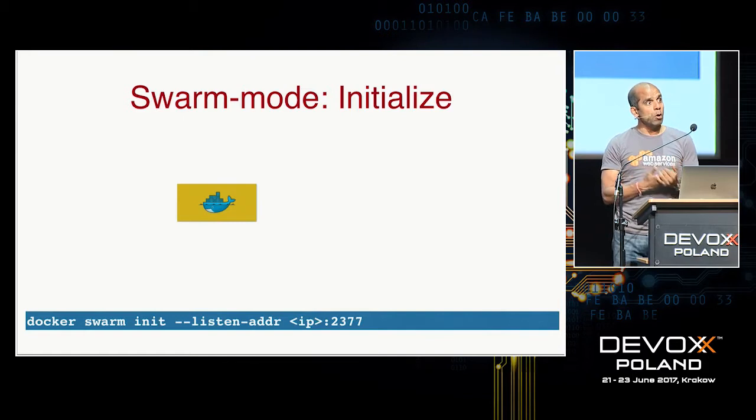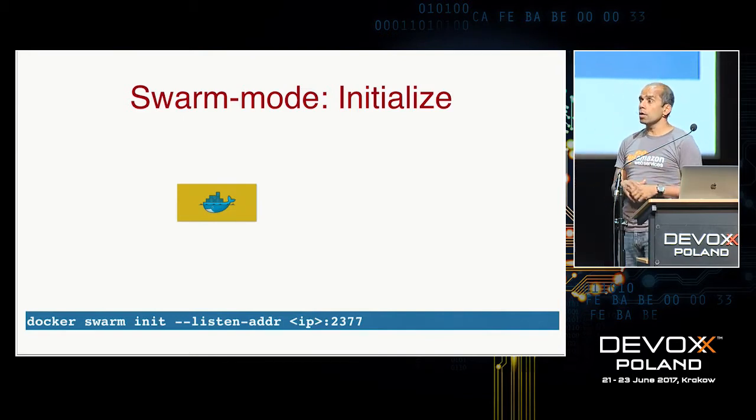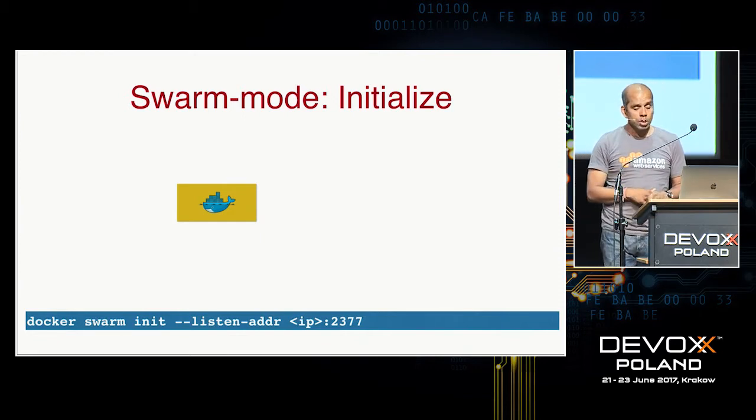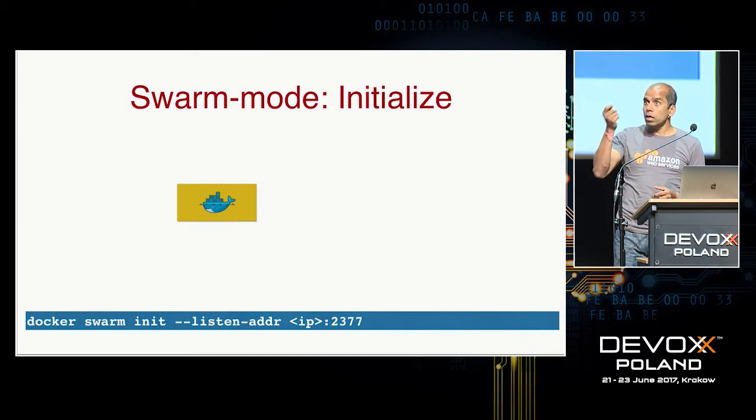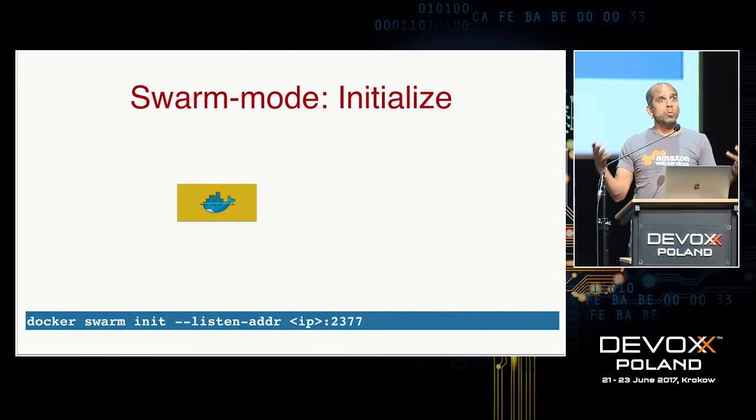And it is an optional mode, but it enables orchestration in your single Docker engine now. Now, if your MacBook has multiple network addresses or network interfaces, then you can say, I'm going to listen on this particular host or this particular IP address, and then the port on which you're going to listen. So this is basically a single host Docker engine running in Swarm mode.